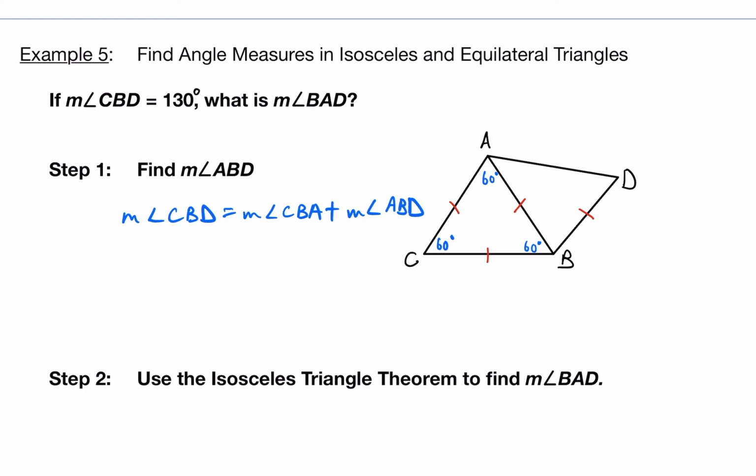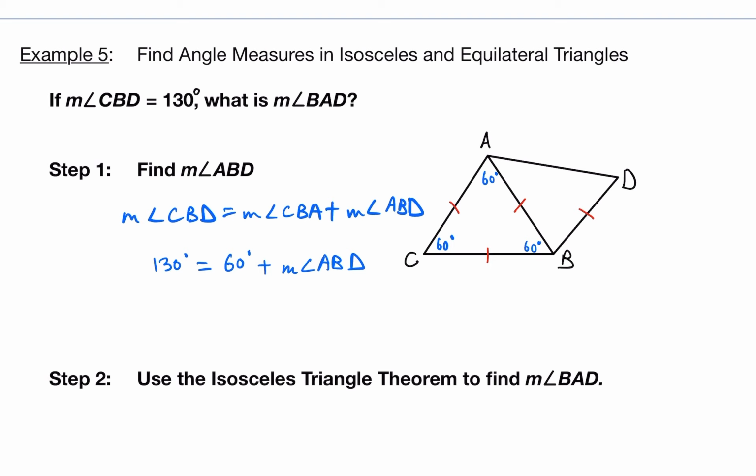Let's go ahead and replace these angles. CBD, we're told, is 130 degrees, and that's going to equal the measure of angle CBA, which is equal to 60 degrees, plus the measure of angle ABD.